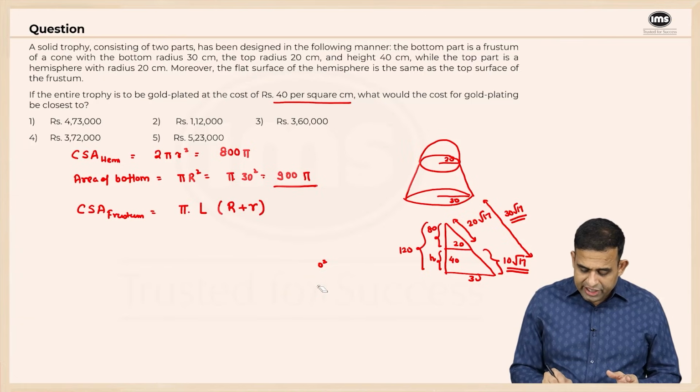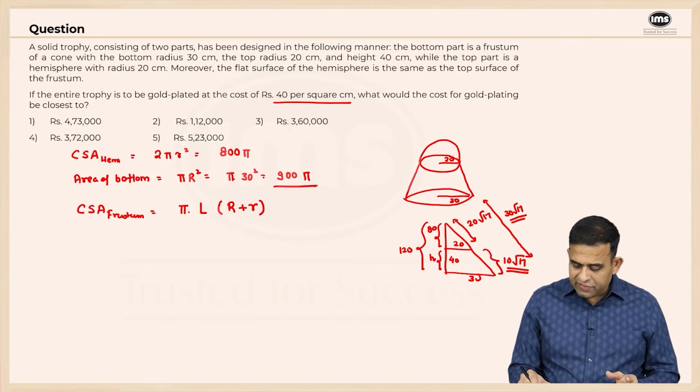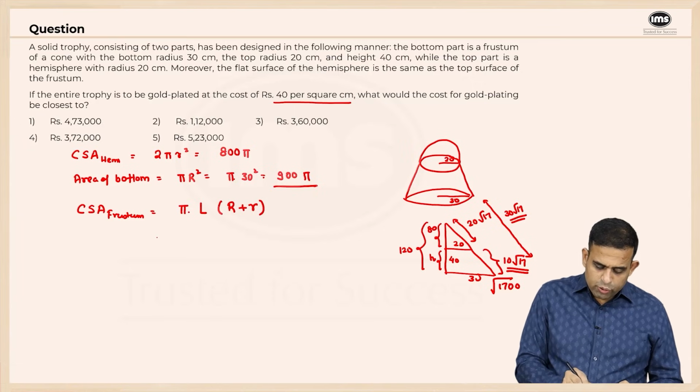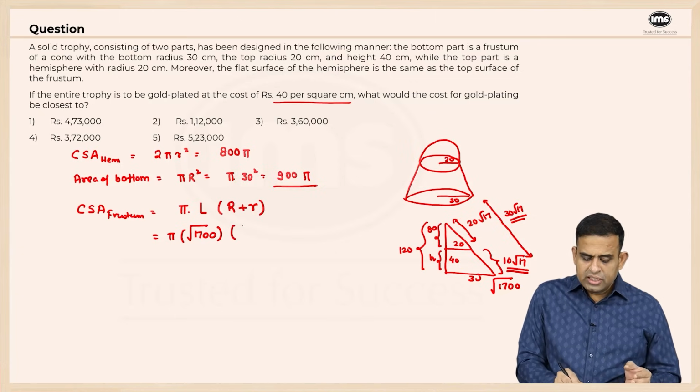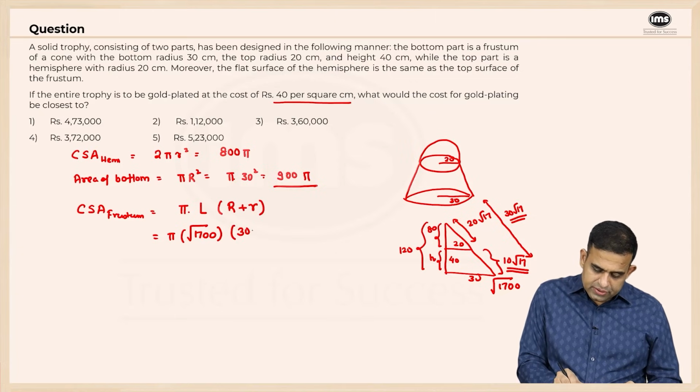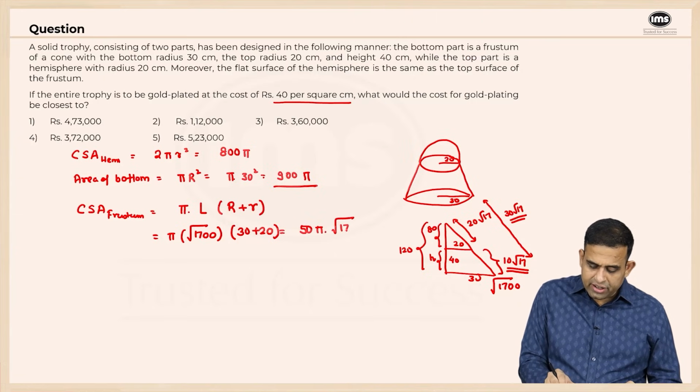Now 10 root 17 becomes nothing but root of 1700. So this is going to be equal to pi into root of 1700 times 30 plus 20. So this part becomes 50 pi into root 1700.